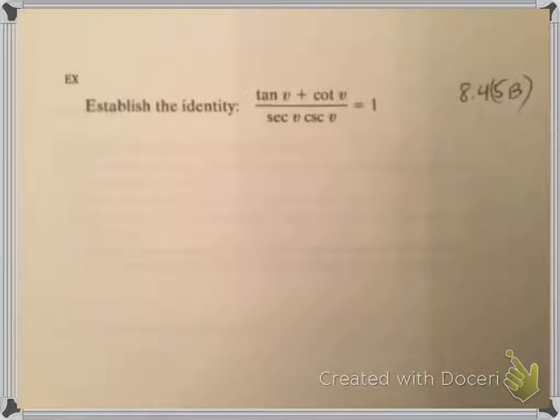Establish the identity. Tangent v plus cotangent v over secant v times cosecant v equals 1. I'm going to try writing this up in terms of sines and cosines to see what happens. And once again, I'm going to work on the left-hand side because I really can't work on the right-hand side. It's 1. I can't substitute. I can't do anything with that.